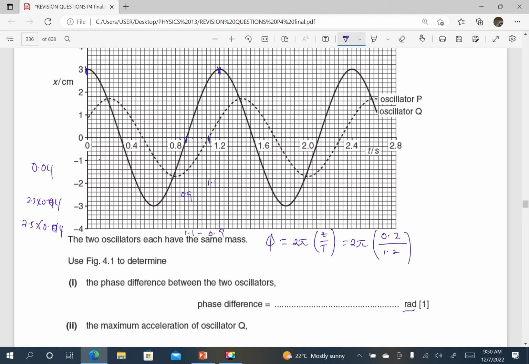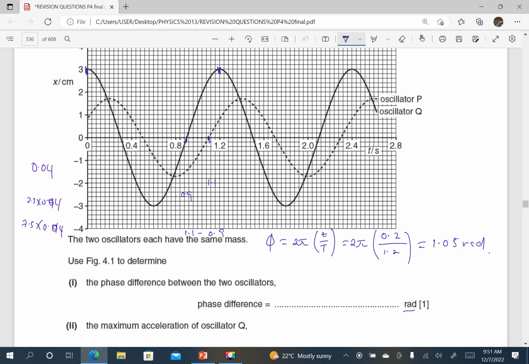So I will have 0.2 divided by 1.2 times 2 pi. So I have this as 1.05 radians.